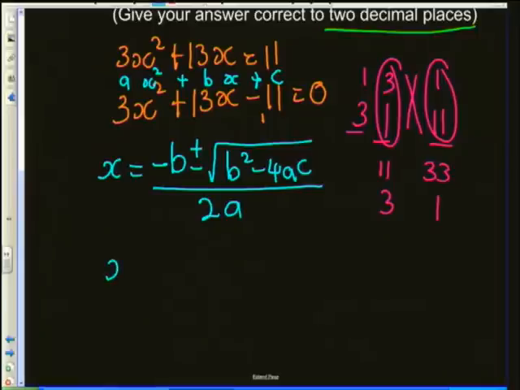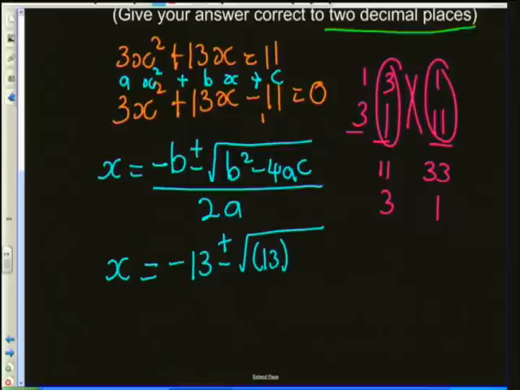That should help you realize what is a, what is b, and what is c. Right, so my x, grade 11s, will be equal to negative b. Okay, so my b is 13, so that will be -13 plus or minus the square root of, we're going to square the b, so it's 13 squared, minus 4 multiplied by my a, which is 3, as you can see there, and multiplied by c, which is negative 11.